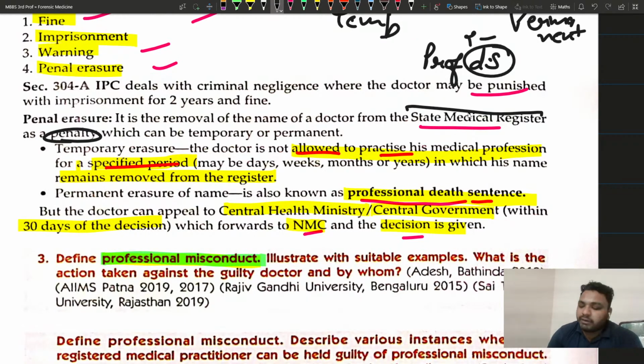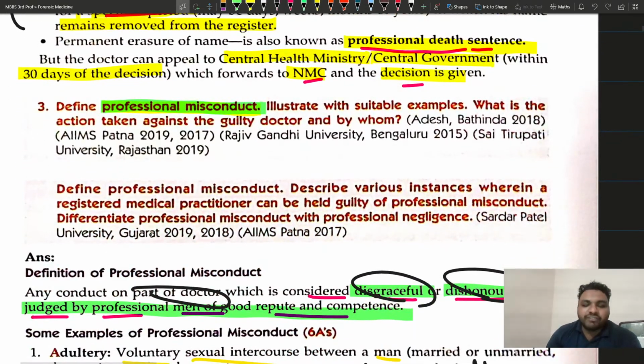This part we have covered with professional negligence. But now coming to professional misconduct. As I already mentioned, please make sure not to be confused between negligence and misconduct. Basically, in negligence, there is a lack of reasonable care and skill on the part of the doctor.